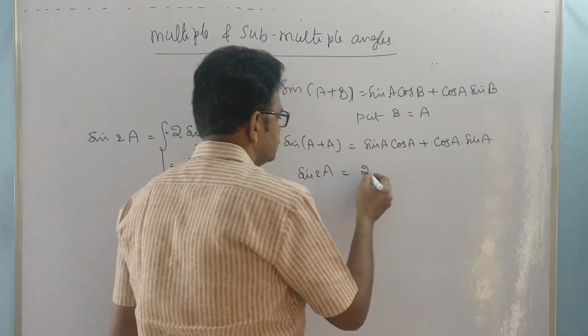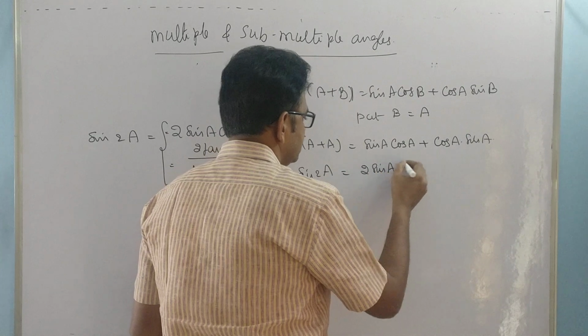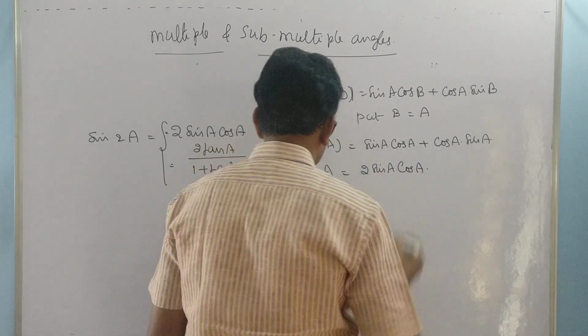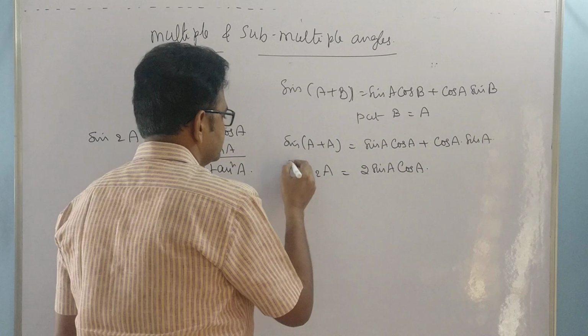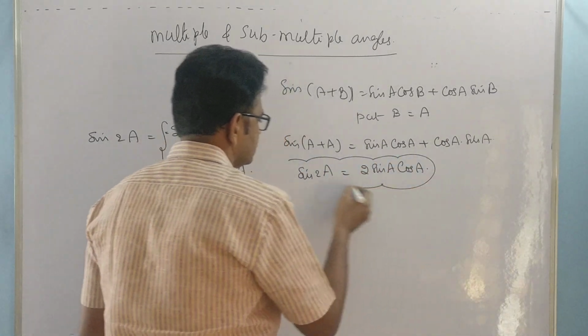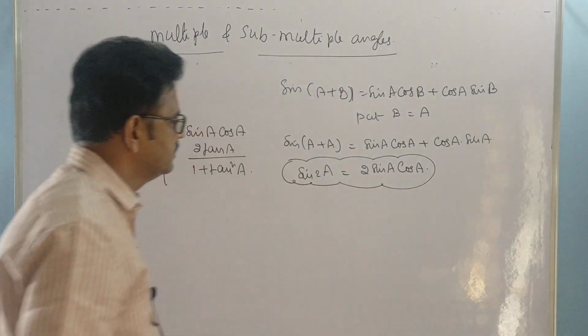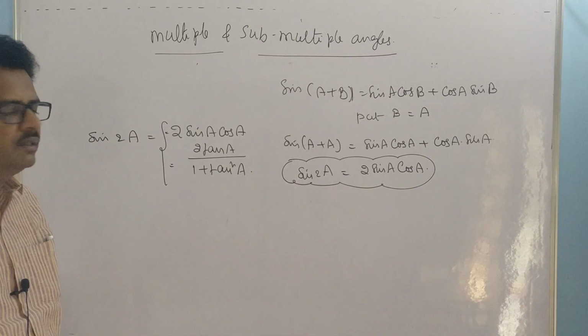That is 2 sin A cos A. So this is sin 2A formula. Sin 2A is 2 sin A cos A.